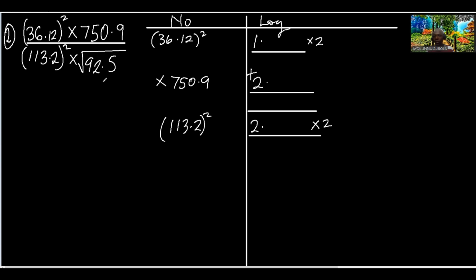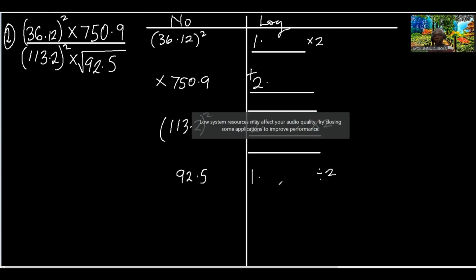Then the next number at the bottom. I can't really deal with that immediately, so I'm going to change the answer here. Then I have another number at the bottom which is 92.5, and the characteristic will be positive 1. So I have 1 point, whatever it's going to be. But because this is a square root, we're going to divide by 2. Is that clear? Yes, sir. So whatever log value we get, we divide by 2.